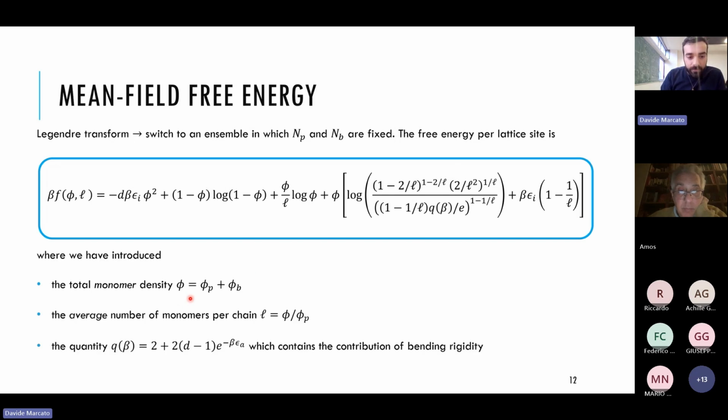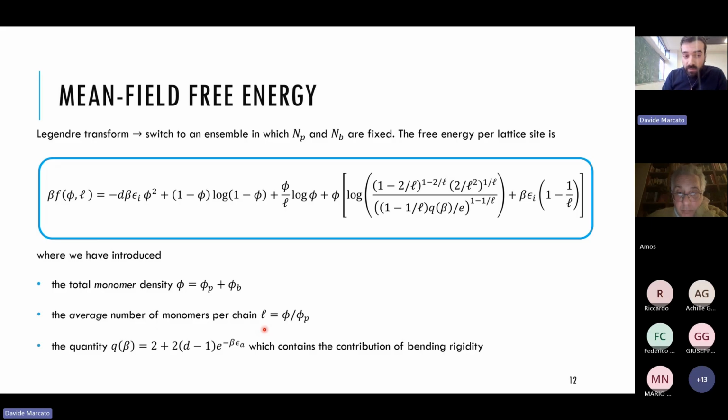So the phi is the sum of the polymer density and the bond density. So it's the total monomer density. This is a relation that is always true if you have linear, open chains. Then this L here is the average number of monomers per chain. So if you want, it is an average length of a chain.